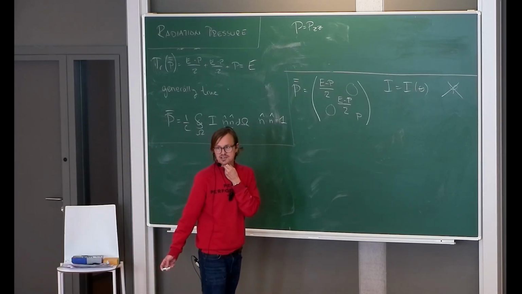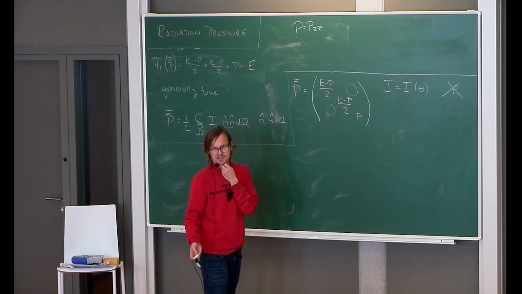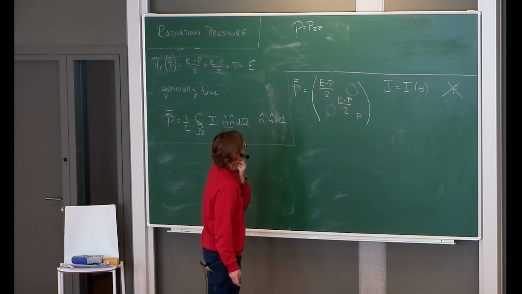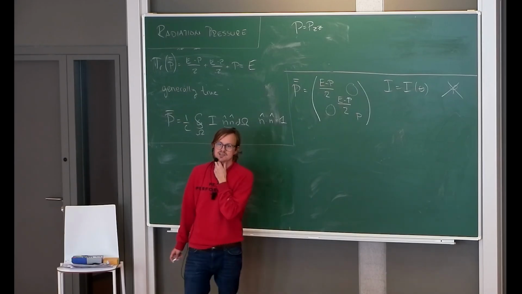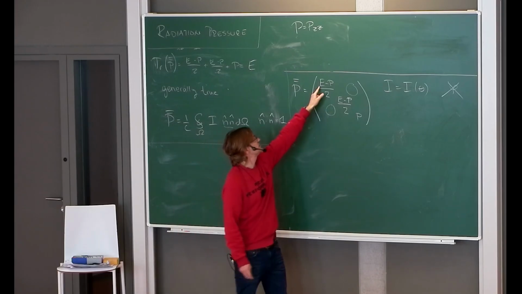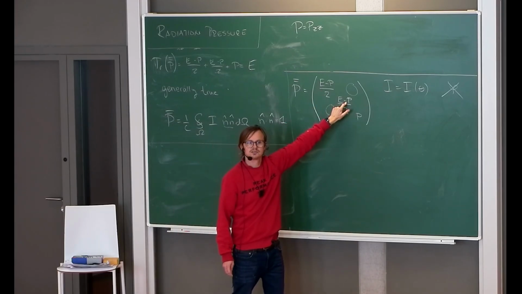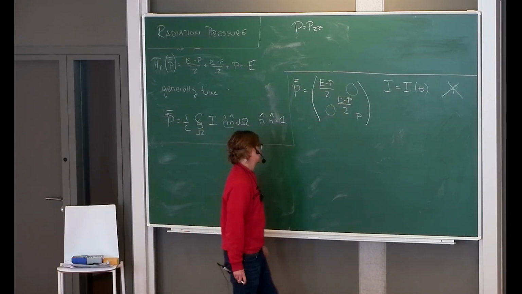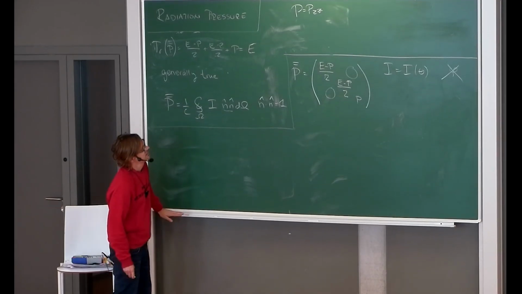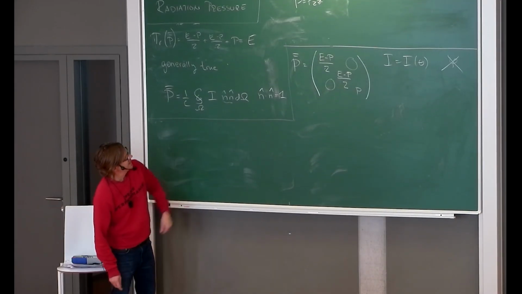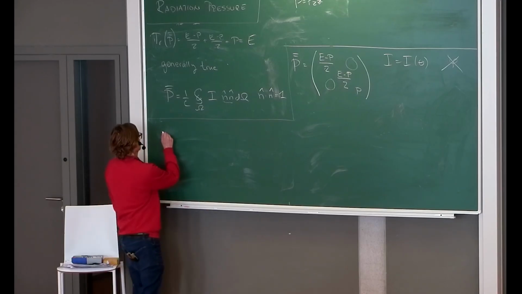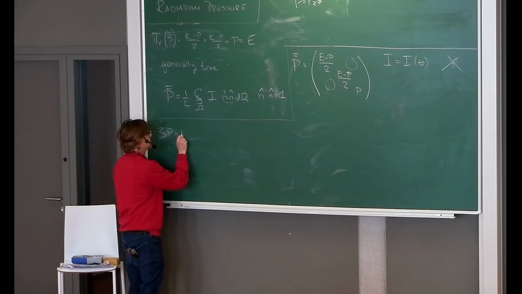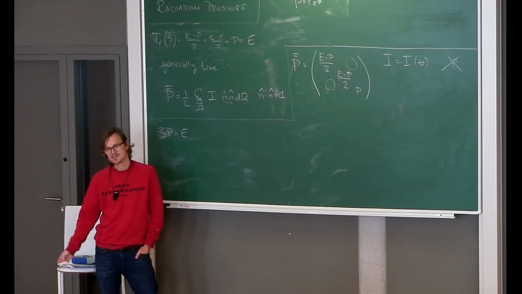Now, what you can also see is that in order to get an isotropic pressure, like we normally think of the gas pressure as being an isotropic pressure, to get an isotropic radiation pressure, there has to be a certain relation between the energy density and the pressure. Exactly. You have to have that 3P equals E, where P again is PCC.